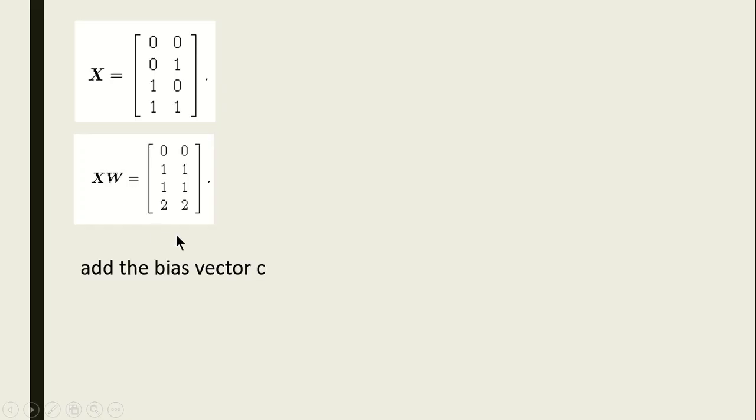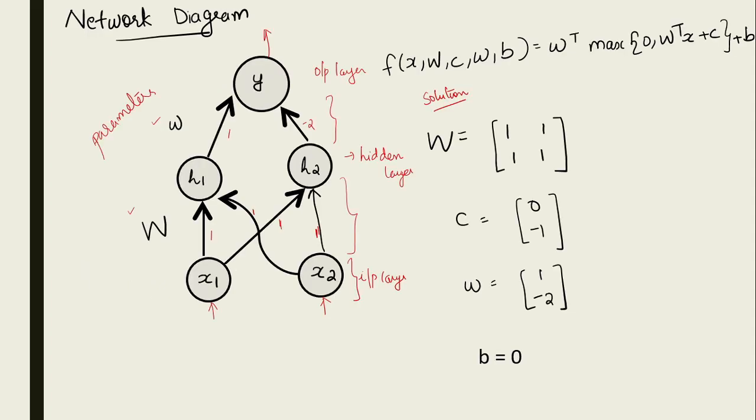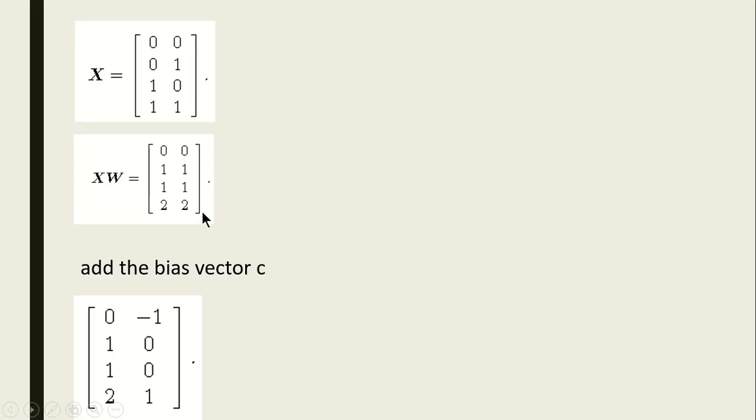Then add the bias vector c to it. c is 0, minus 1. So add 0 minus 1 to each row. 0 minus 1 will give you 0 minus 1. Then add 0 minus 1 to this 1 1, and this will give 1 0, and the same for the next 1 0, and for 2 2 we get 2 1.